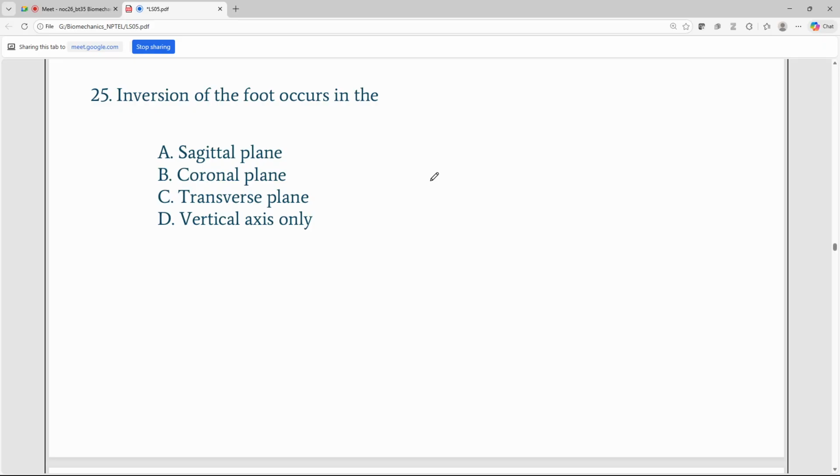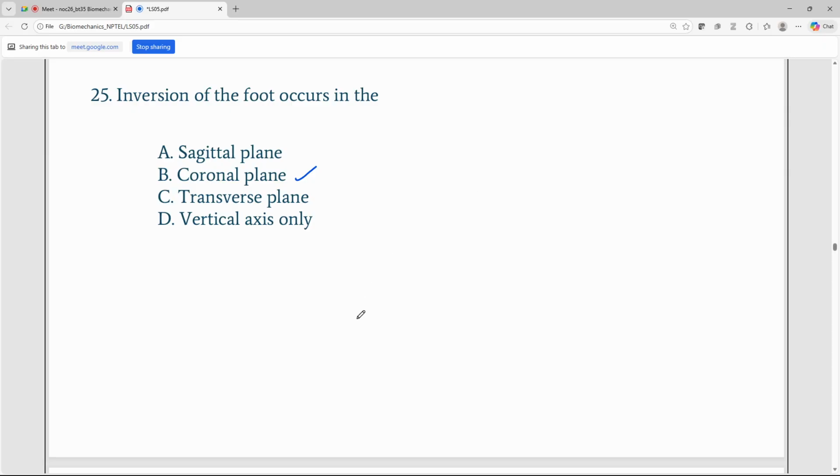Try to answer the question. Answer is option B, that is coronal plane.